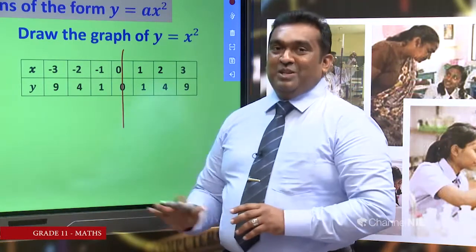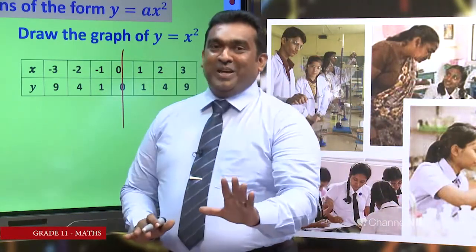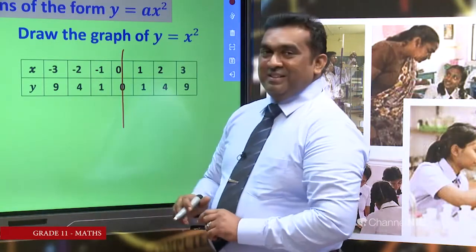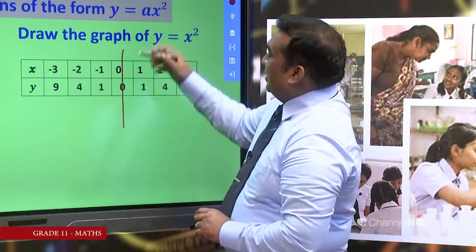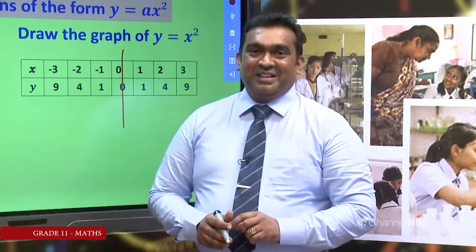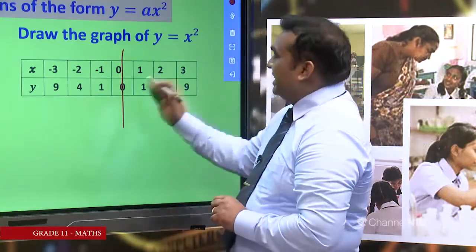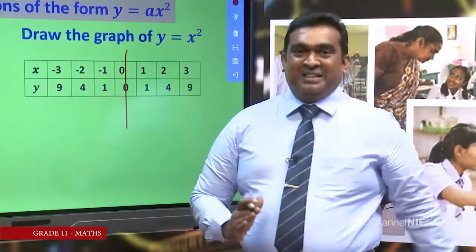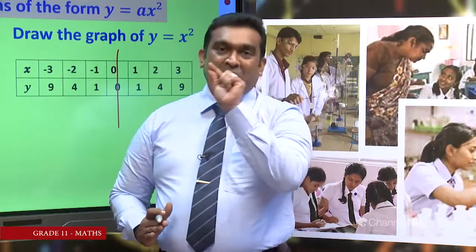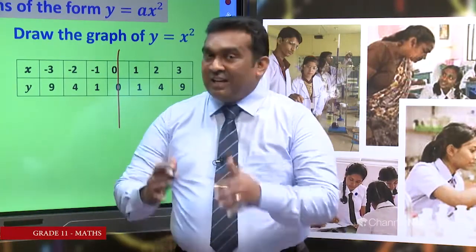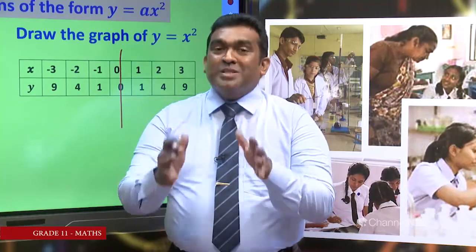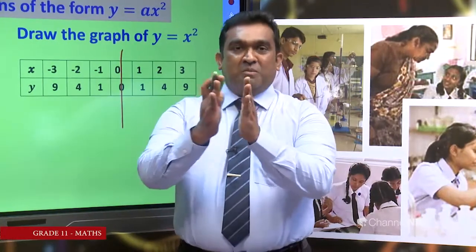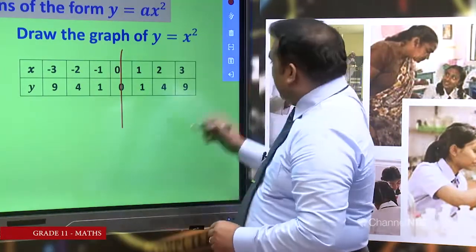If you have the left hand side values, suppose 9, 4, 1, and 0 is the midpoint, you can see that on the right hand side it is the same order, 1, 4, 9. By considering the symmetry, right? There are two ways of finding the y values: using the substitution method, or otherwise by considering the symmetry. Okay.